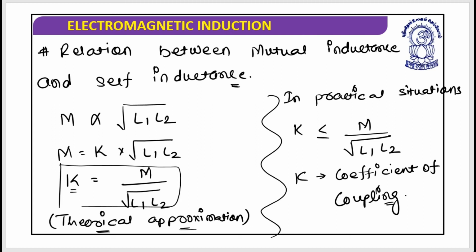And if we understood a practical situation, because it is not possible that the self inductance due to both can be linked as a mutual inductance 100%, and there would be no energy losses. When I say theoretical, we understood that let's suppose there is no energy loss, and whatever the inductance has been induced in the first has been linked with the second one.